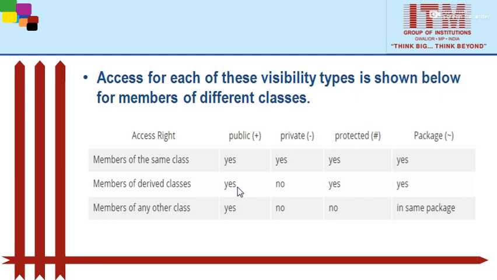For members of the derived class, if public, then it is accessible; if private, then it is not accessible; if protected, then it is accessible. For members of any other class, if public, then it is accessible; if private, then it is not accessible, and after one derivation, protected variables will also not be accessible. So, by looking at this chart, it can be easily understood how accessibility works for various types of attributes.